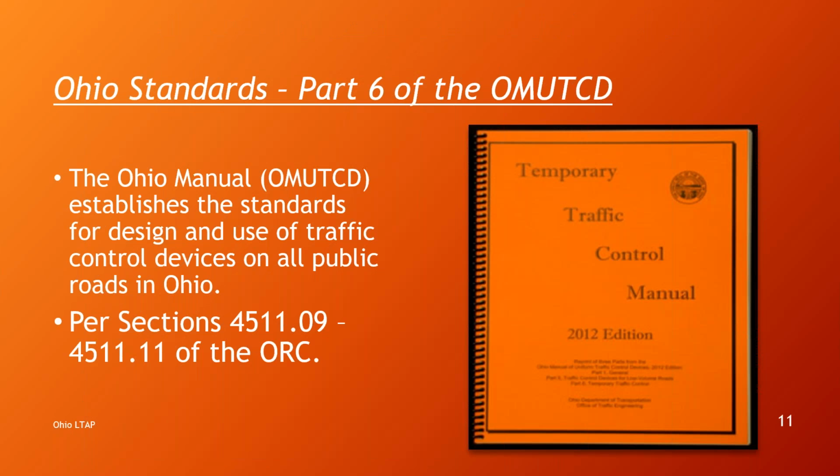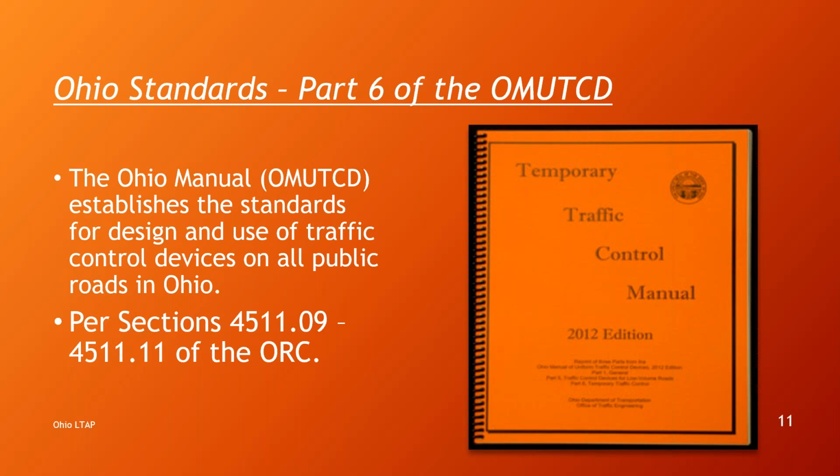And part 6 of the OMUTCD has its own title. It's called the Temporary Traffic Control Manual. So the Temporary Traffic Control Manual and Part 6 of the OMUTCD, they're one and the same. They're the same thing. And so our manual here establishes the standards for design and use of traffic control devices on all public roads in Ohio.